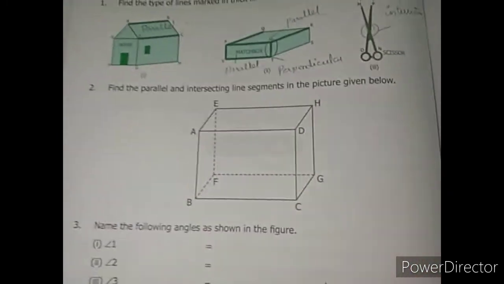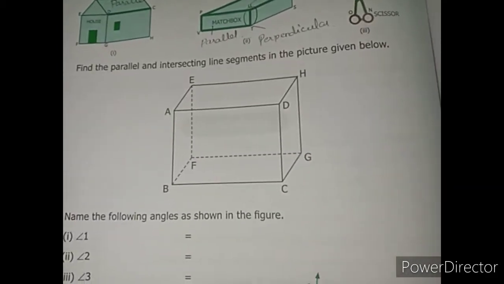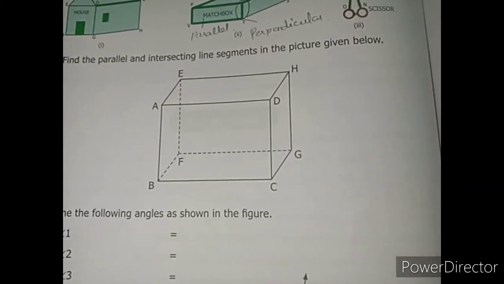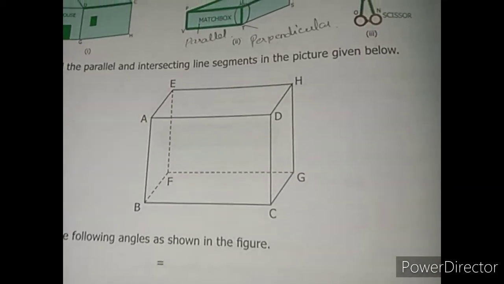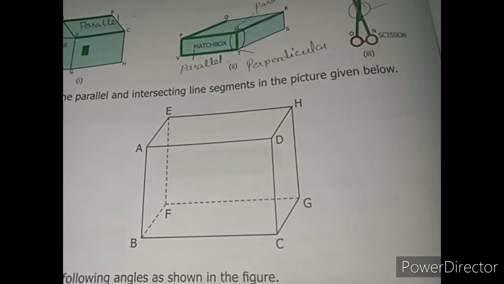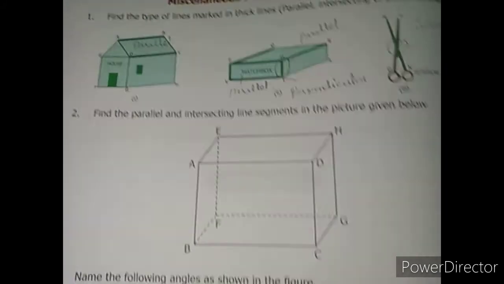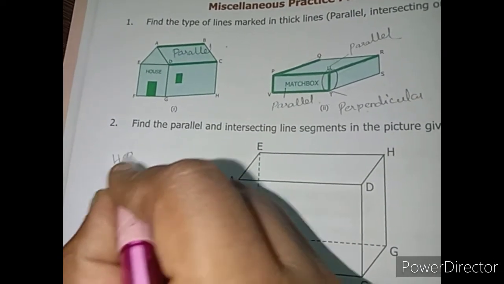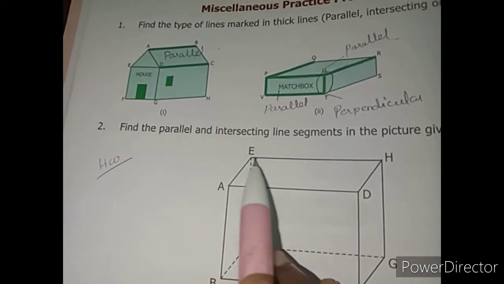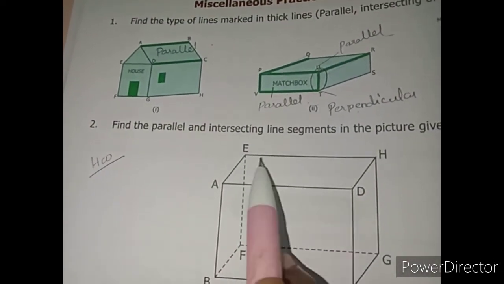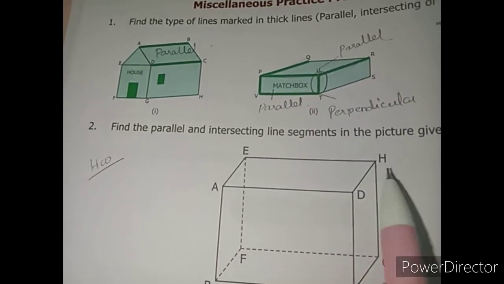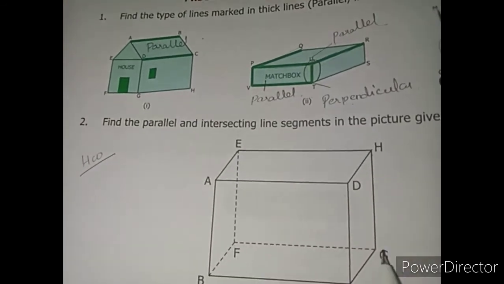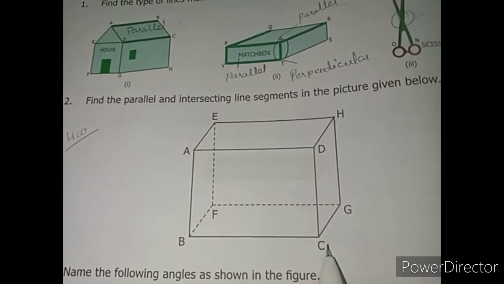See the next question. Find the parallel and intersecting line segments in the given picture. This one I am going to give you as homework. You can find it now. These 2 are parallel. AD is parallel to EH. In the same way, FG is parallel to BC.